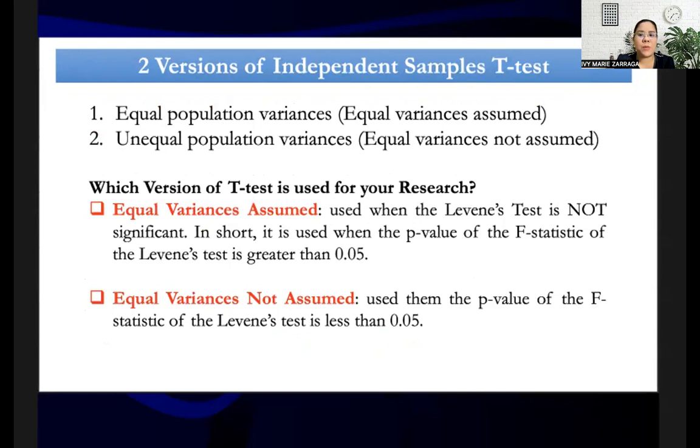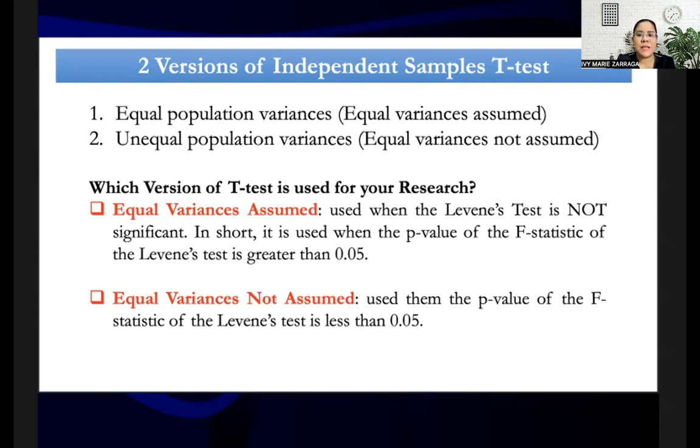In order to do that, we have to use the Levene's test. For the Levene's test, we have the equal variances assumed and equal variances not assumed. So it will give us an idea what specific version of T-test will be used based on the F statistic of our Levene's test.